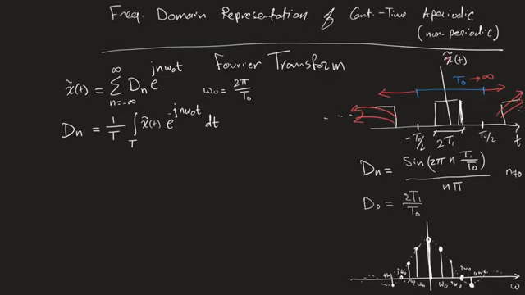Okay, so I would say that I can construct x of t, by definition, as the limit when T naught goes to infinity of this x tilde of t, right?